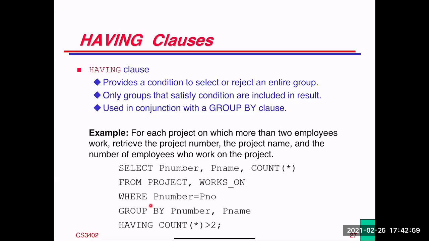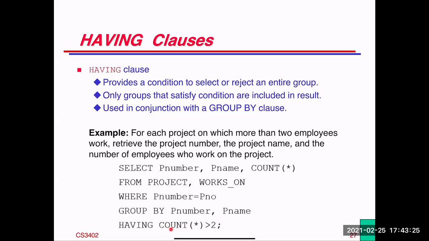And now, so far, the statements up to here have created this partitioning, right? So we have already created this partitioning of our tuples into these subsets where all the tuples in the same subset have the same P number and the same P name. And now I'm adding this, and I'm looking at this condition in the having clause.